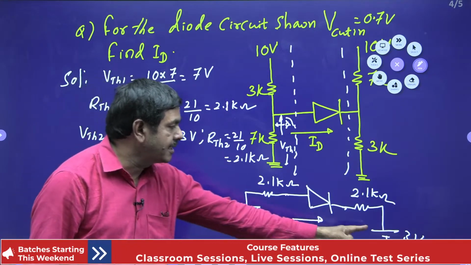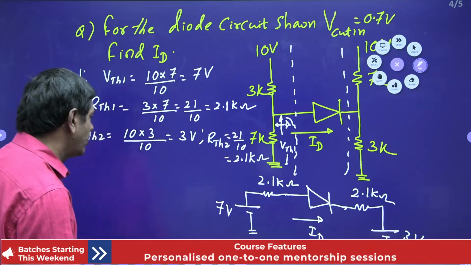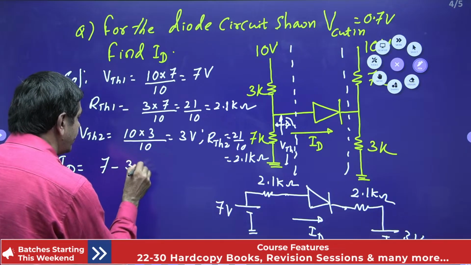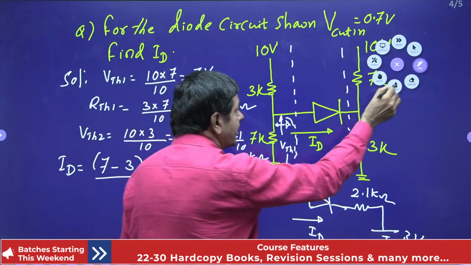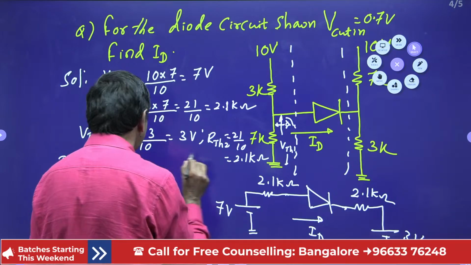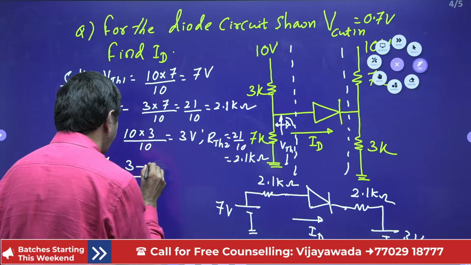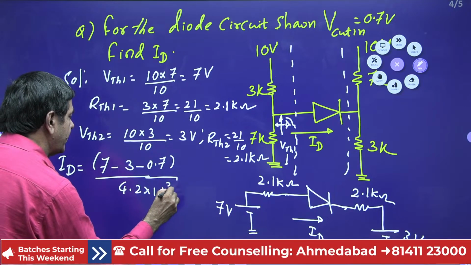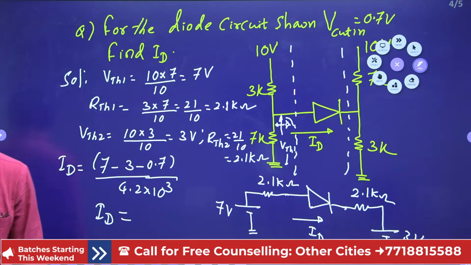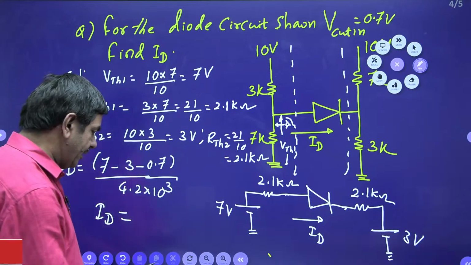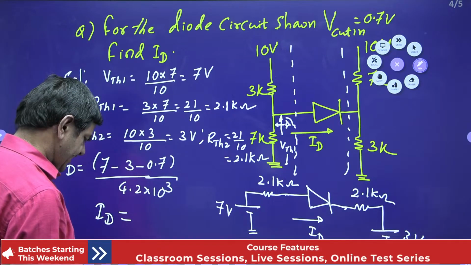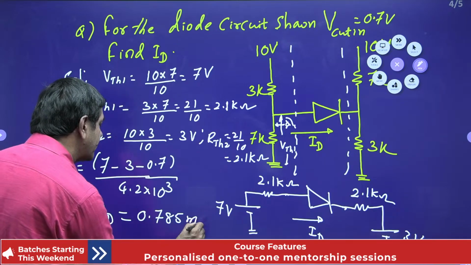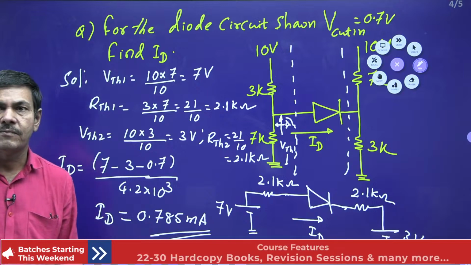According to Ohm's law, ID equals 7 minus that side voltage 3, minus the voltage across the diode, 0.7, divided by the total resistance, 2.1 K plus 2.1 K, 4.2 K. Use a calculator and you will get the diode current, 0.785 milliamperes. In such a way, the value of ID is calculated.